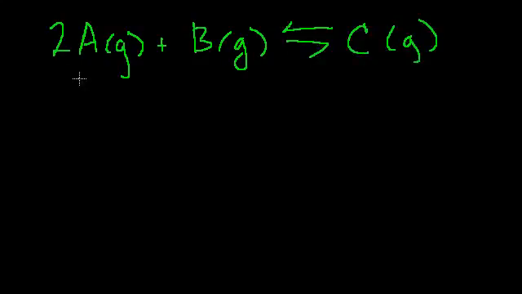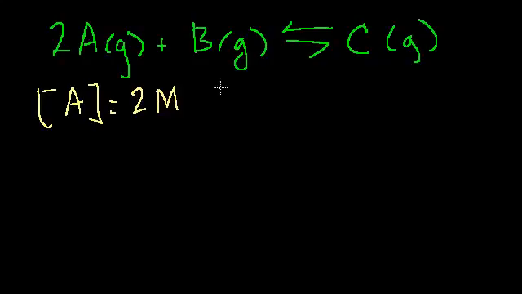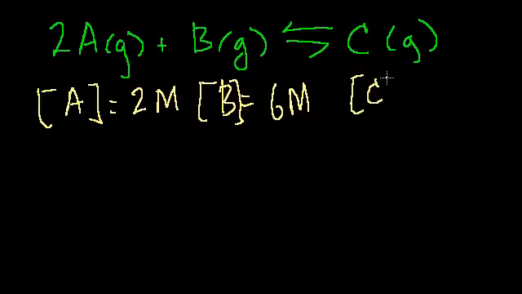And let's say initially, in our first equilibrium, our concentration of A is 2 molar, our concentration of B is 6 molar, and our concentration of C is 8 molar.